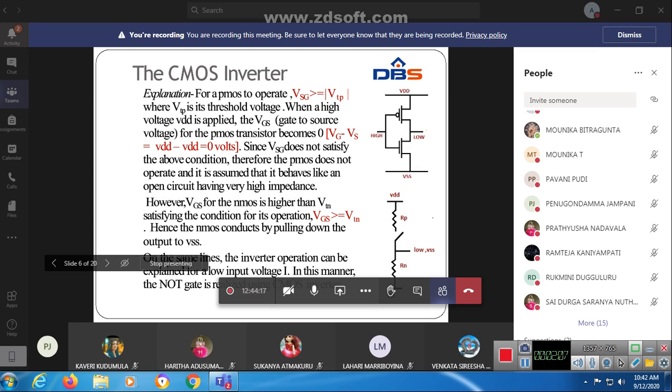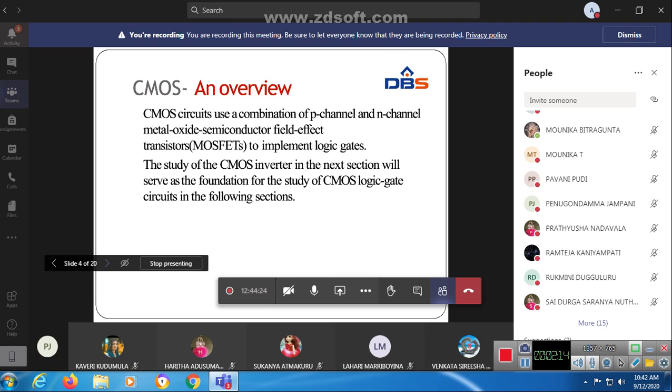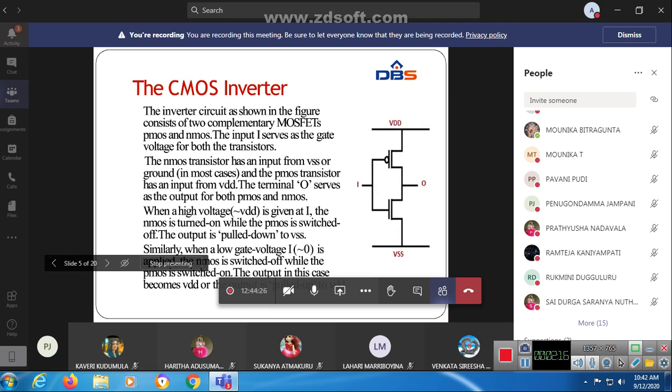So in today's class we are going to learn how that functionality can be done using MOSFETs, as shown in this diagram. In the PPT that you are seeing, we have VDD.